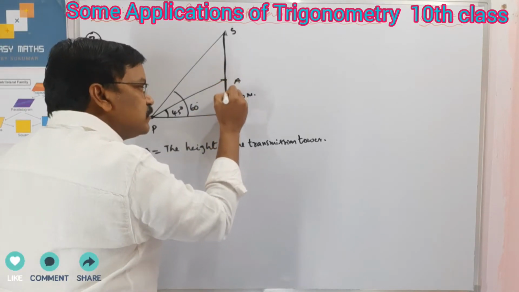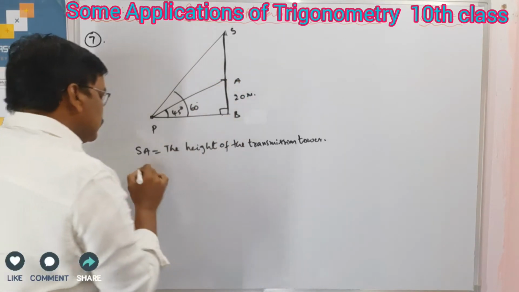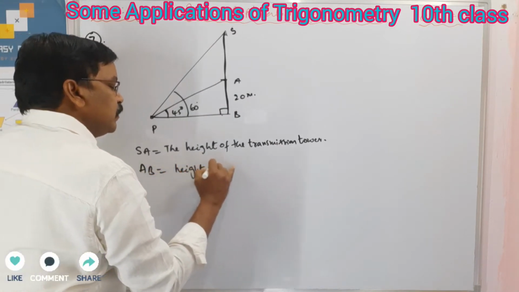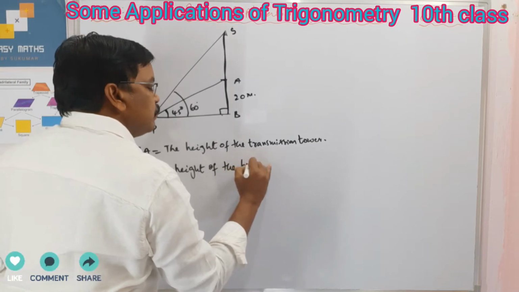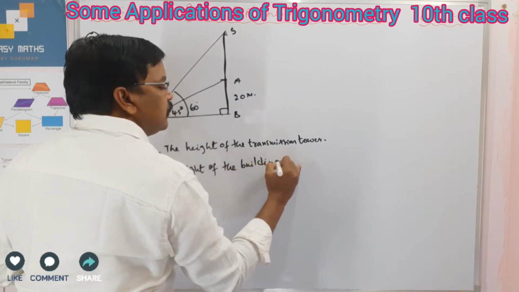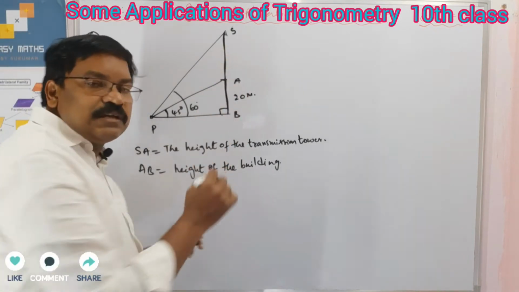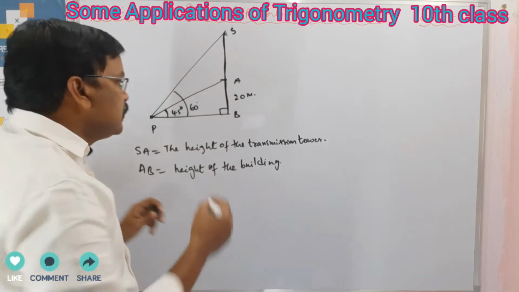This AB is the building. See, my dear students, let me write: AB is equal to the height of the building. This AB is the height of the building, SA is the height of the transmission tower.